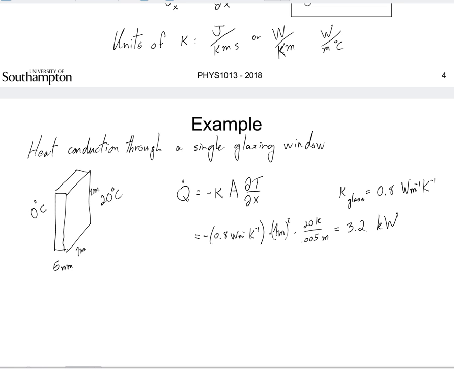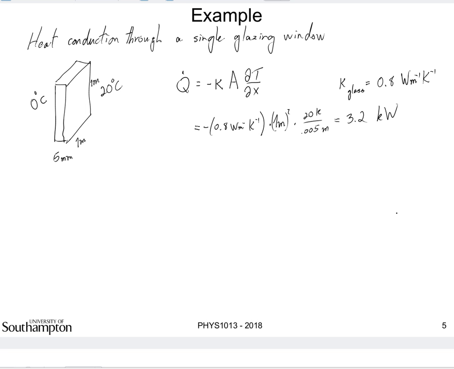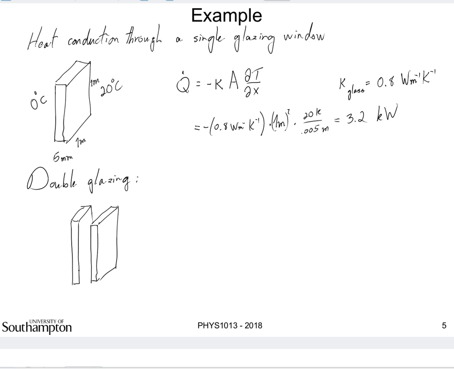Let's compute the case of a double glazing window. That's a little more involved, right? So, double glazing window. What do we have? We have two slabs of glass now. So one here, one there. Okay, and we're going to say that there's roughly 1 centimeter in between.